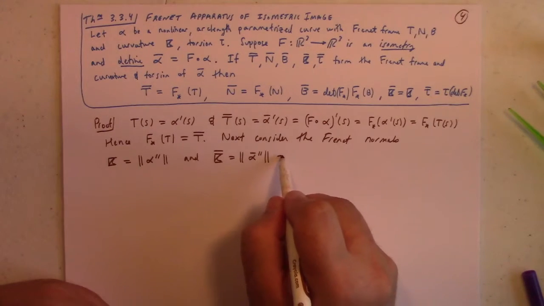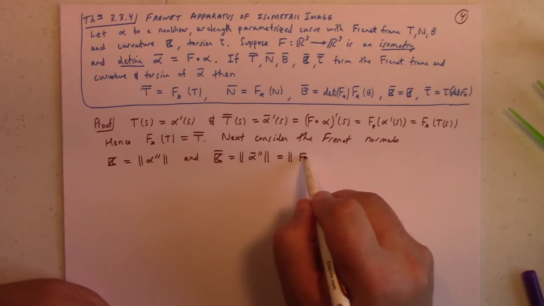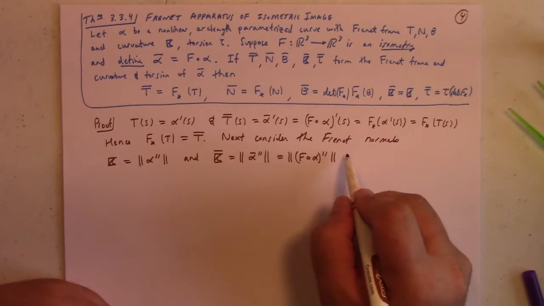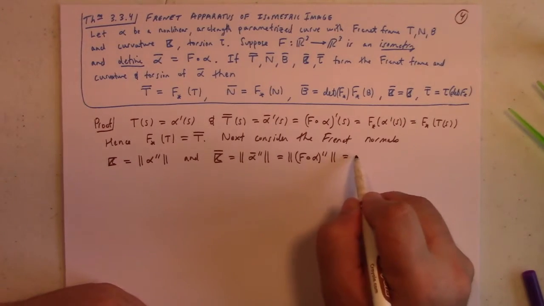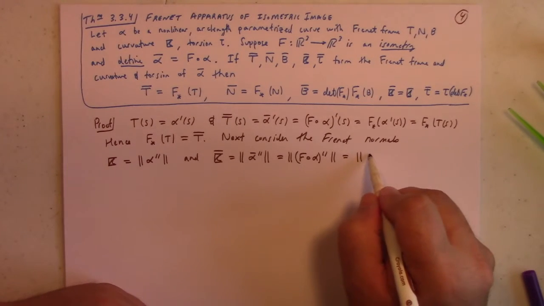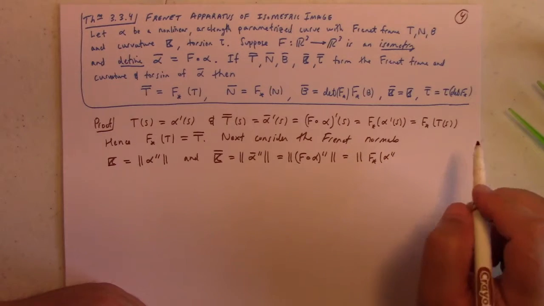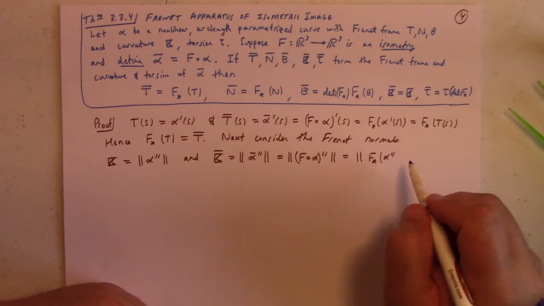That's the magnitude of f composed with alpha, prime prime. That is the magnitude of the push forward under f of alpha prime prime, again by Theorem 2.3.22.